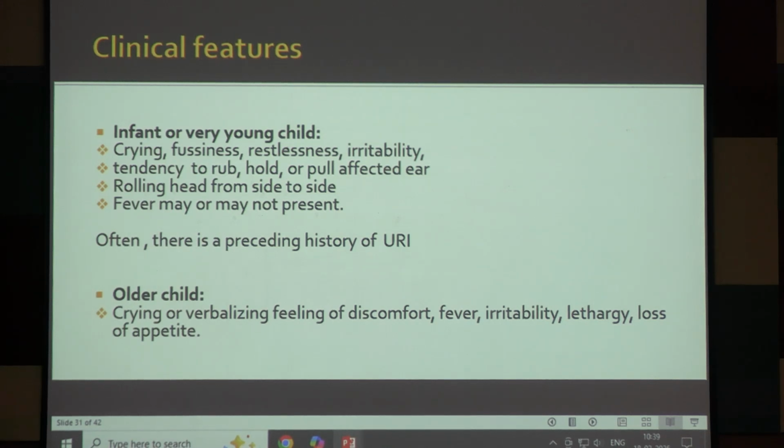Rolling the head from side to side due to irritability; fever may or may not be present. Often there is a past history of upper respiratory infections. And older children present mainly with fever, irritability, crying, refusal to feed.